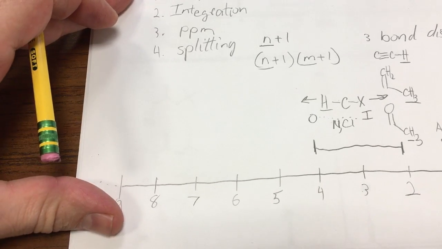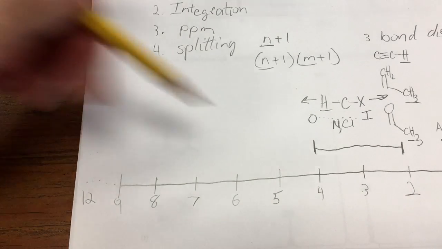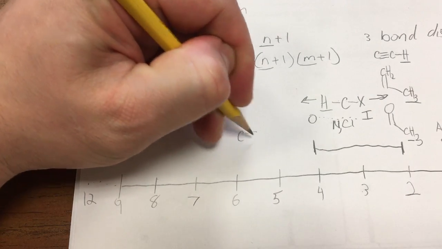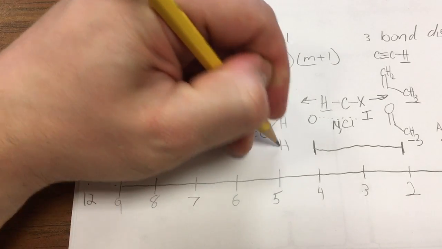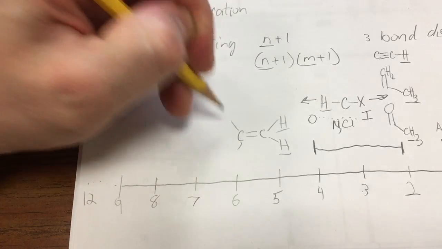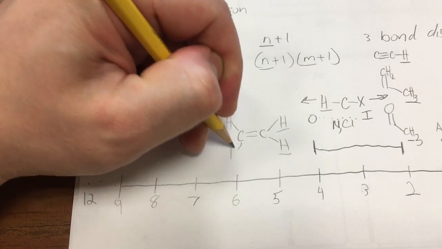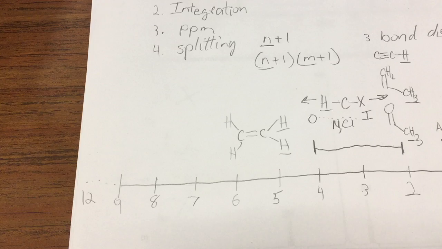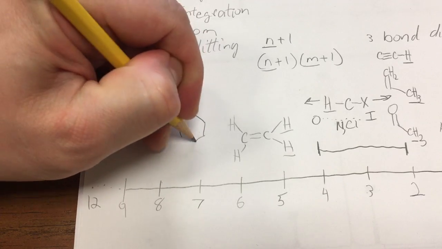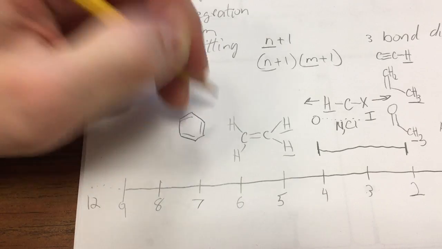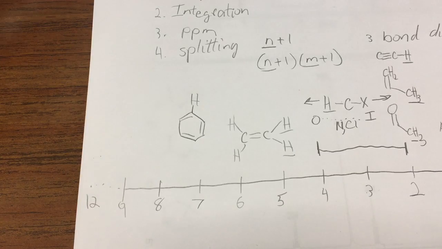Okay, and then we get over here to the 5-6 region, and then we have the hydrogens that are directly attached to alkenes. So these hydrogens right here, and that's caused by the anisotropy effect. Benzene's going to be a little bit higher. Hydrogens that are attached to benzene have more anisotropy, in other words, an induced magnetic field.